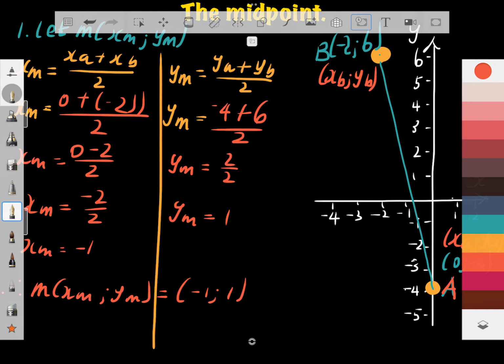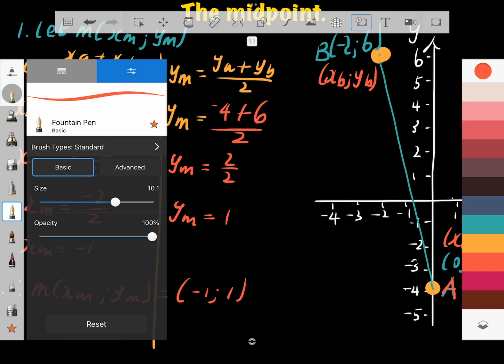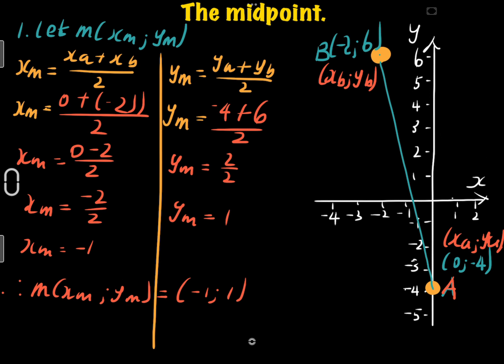Essentially, what this means is that the midpoint for this line segment is at this intercept here. That's where the intercept is.